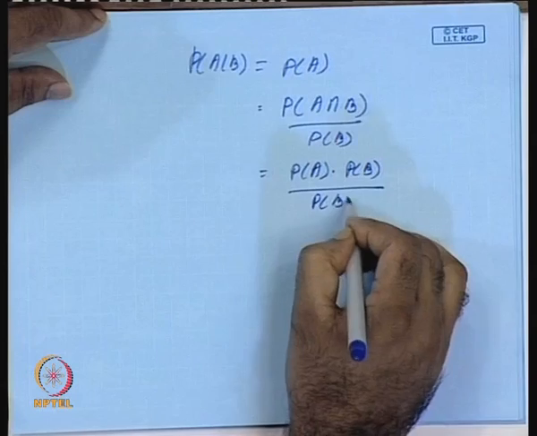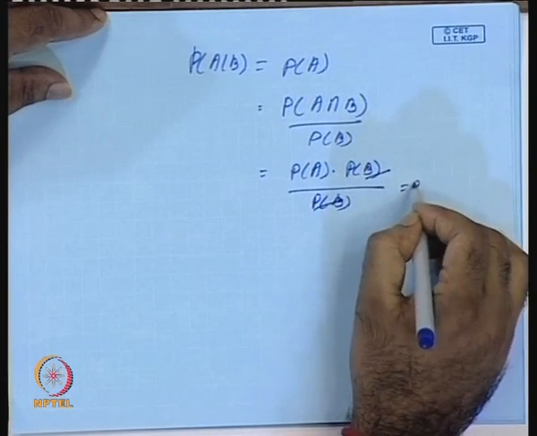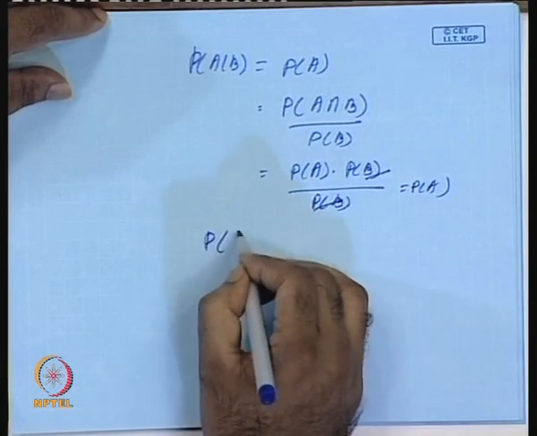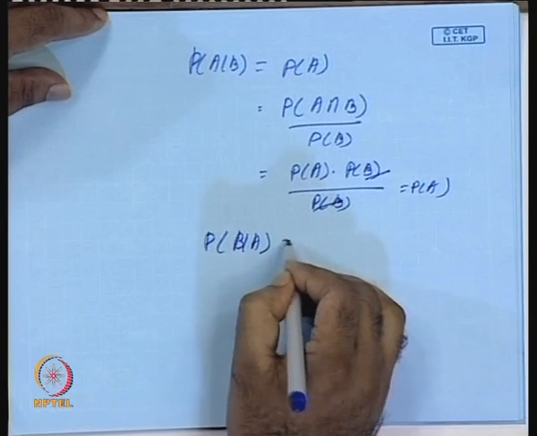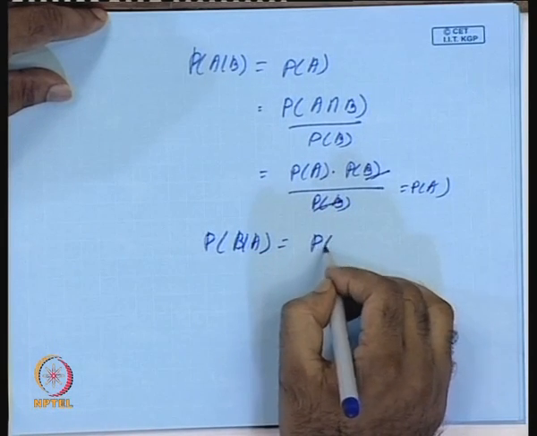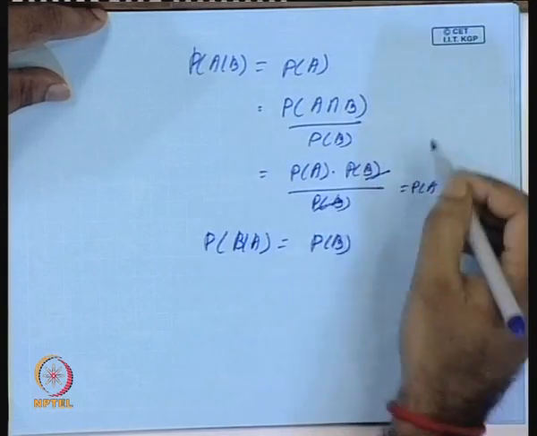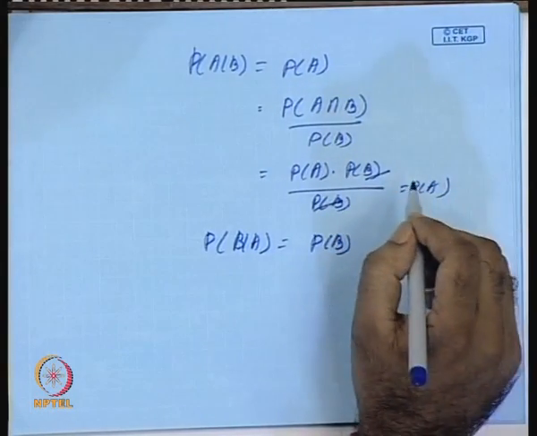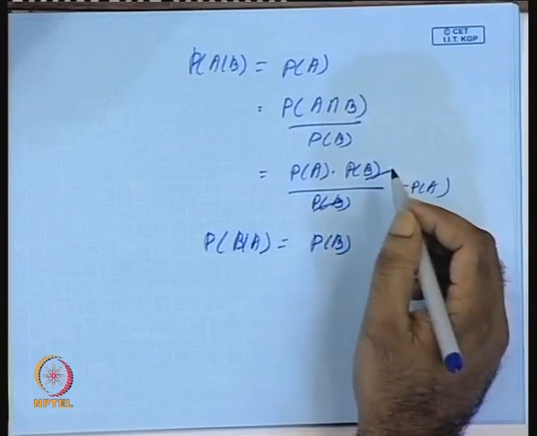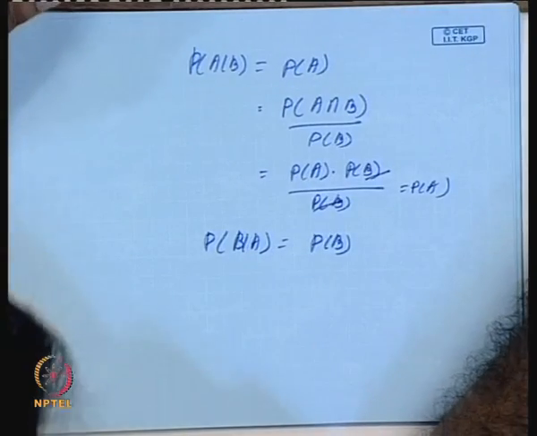So, it is simply equal to probability of A. Similarly, probability of B given A is P(A) into P(B) divided by P(A), so obviously the simple answer is P(B).